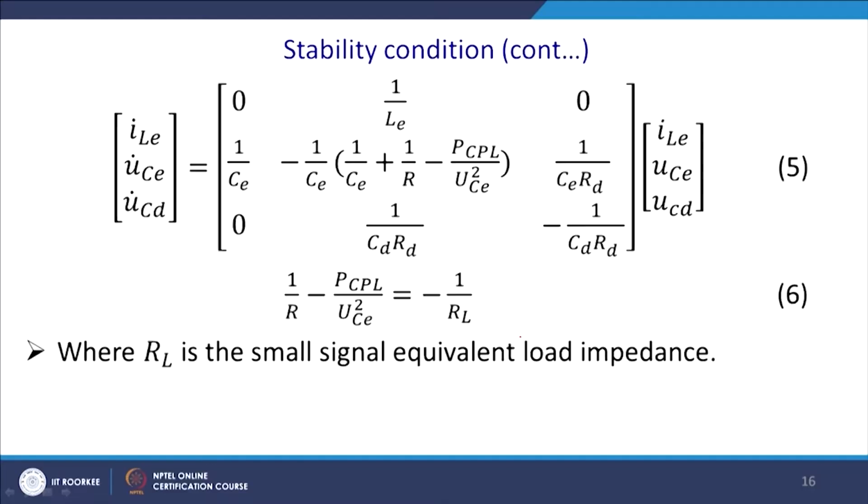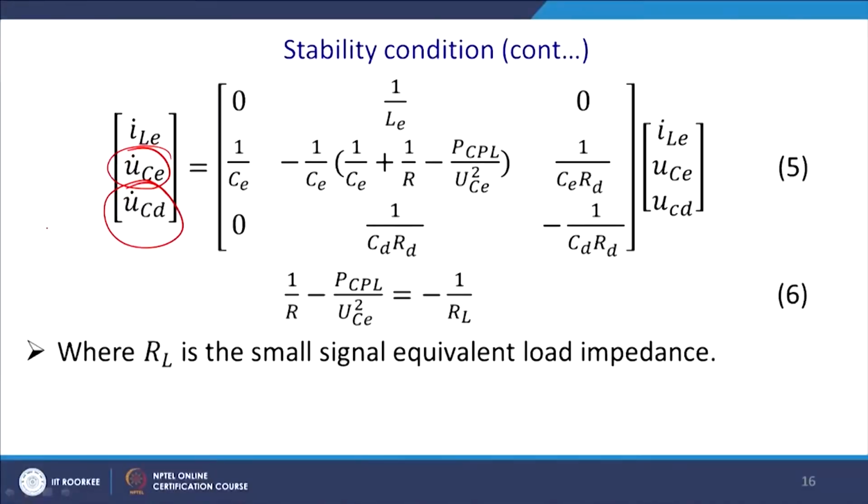So, this is the overall transfer function with this filter and the damping network. These are the state variables: the current through the inductor, thereafter the voltage across the capacitor, the rate of change of voltage across the capacitor of this filter, and the rate of change of voltage across the capacitor of this damping resistor.